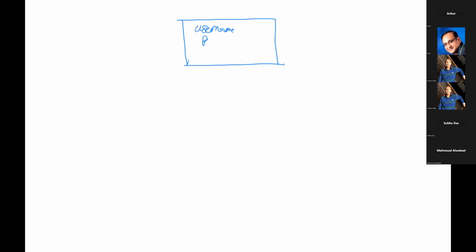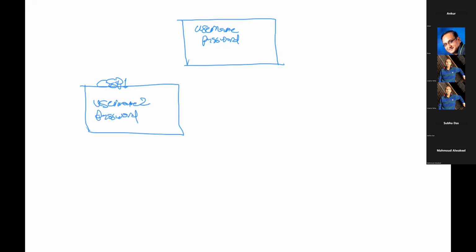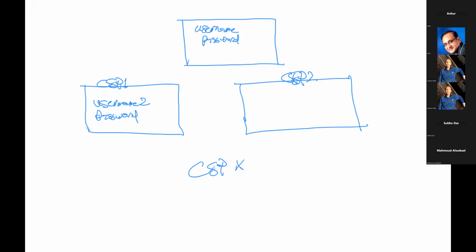And your organization says that we will have another service on cloud service provider 1, and they create a username and password again. And in the future, they are expecting to increase it to 2 or maybe 10 services. This means that I will have a different username and password in each one. Of course, this does not make any sense.